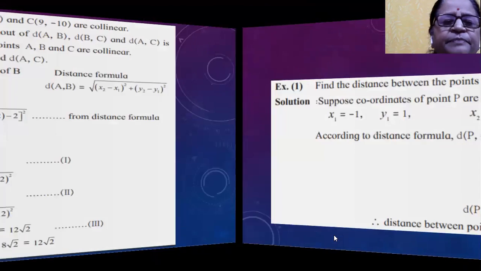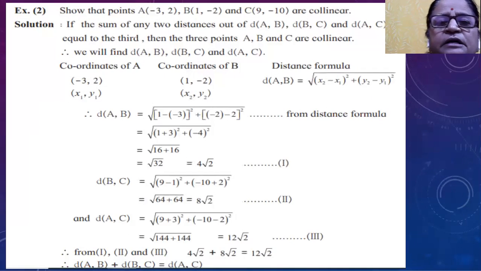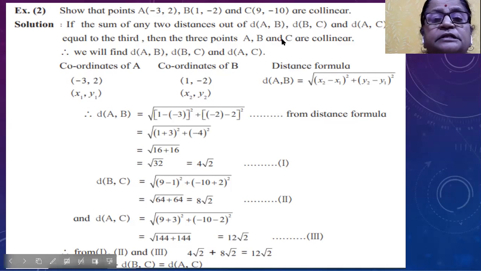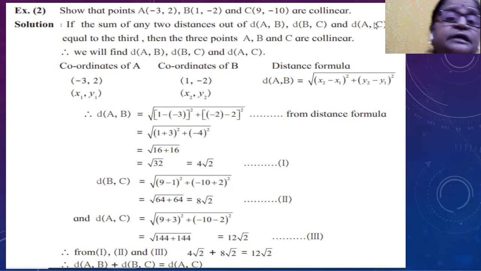In the next example, A, B, and C are collinear. That means all three points A, B, and C are collinear. We have to find distance AB, distance BC, and distance AC using the distance formula, whatever the points may be. Now we take AB's distance.